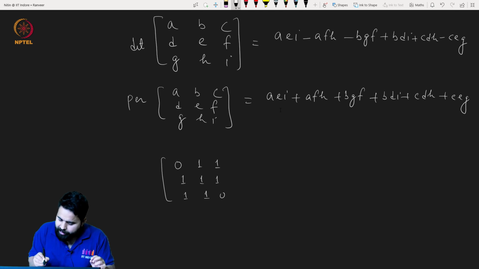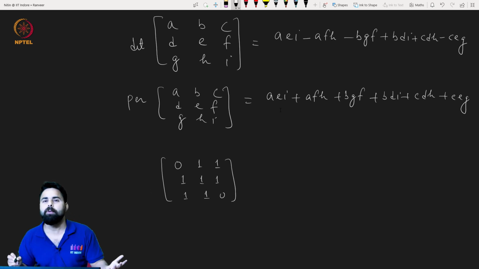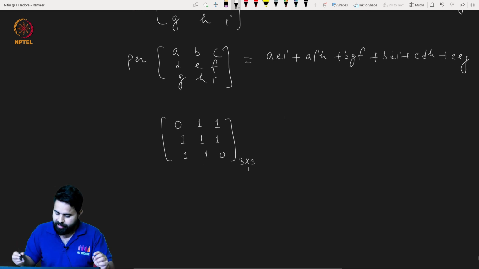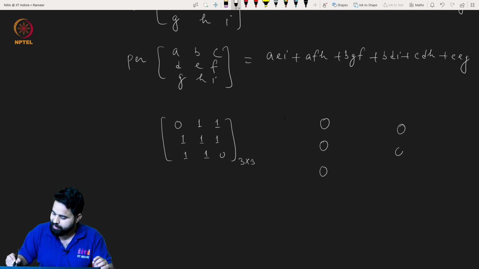Now I make a graph out of it. This is a 3 cross 3 matrix. There are 3 vertices I am putting here, 3 vertices here. Let me number them 1, 2, 3, 1, 2, 3.